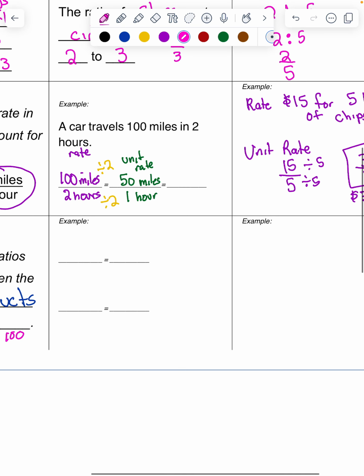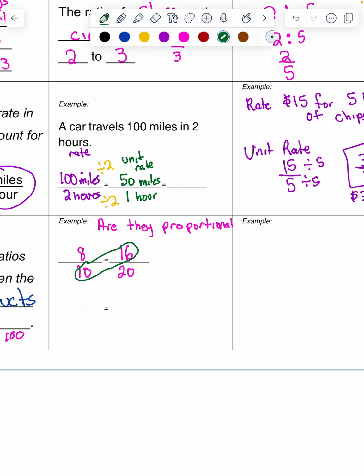Okay. So I'm going to do 8/10 and 16/20. And the question that I'm wondering is, are they proportional? I'm going to cross multiply, cross products.